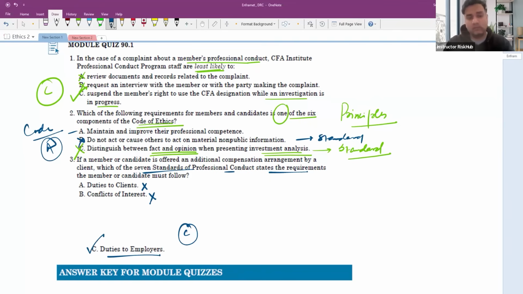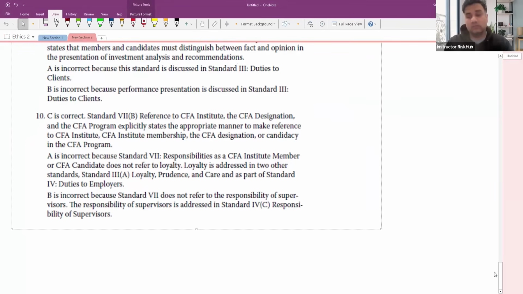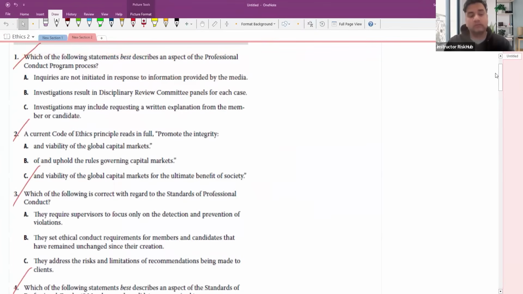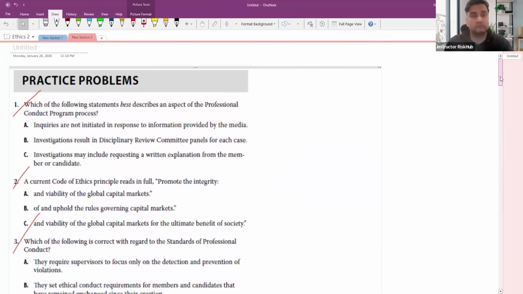Don't try to have rote learning. We are solving questions that will help you understand it more. Now we are going to tough questions, right? Tough questions which are from the CFA Institute book. So let's try to do that.